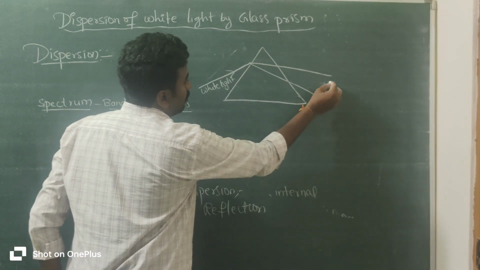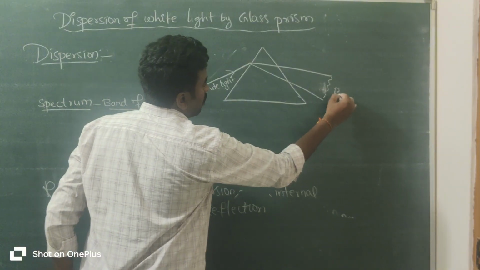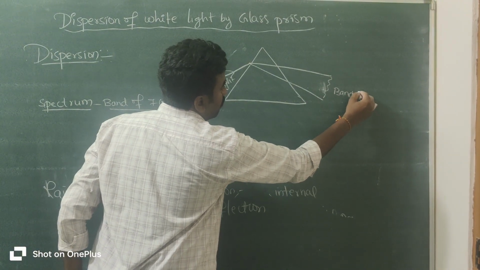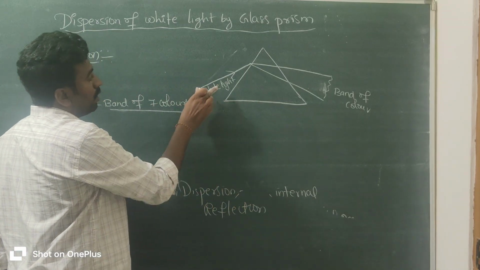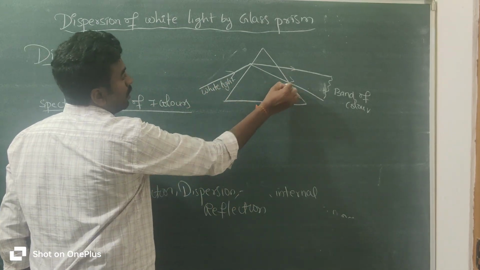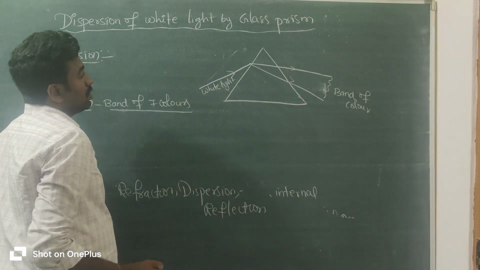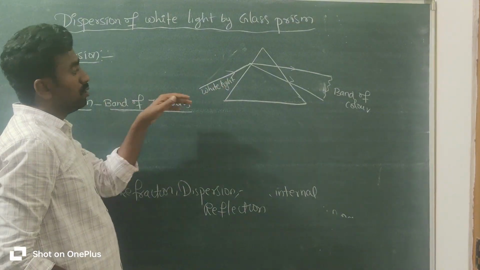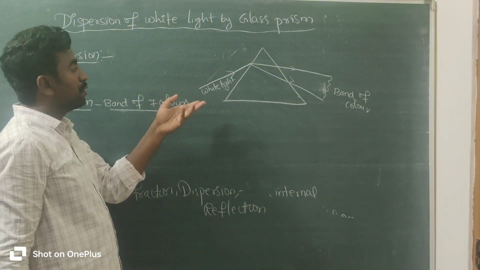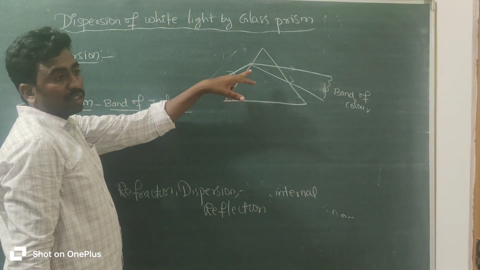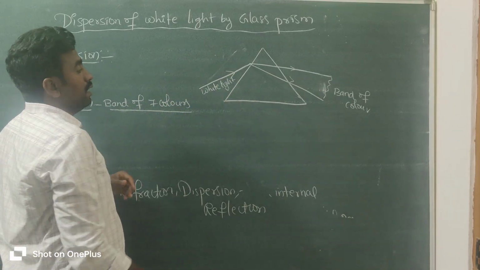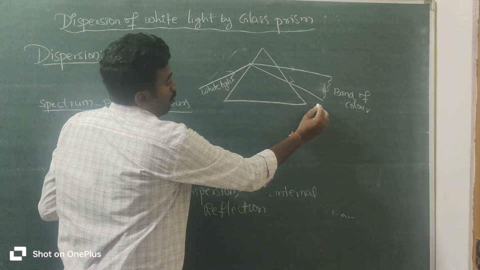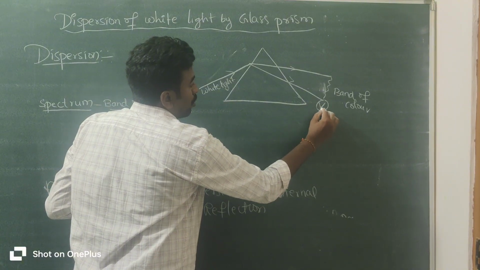This band of colors is the spectrum. This splitting of white light into 7 colors when it passes through a prism is called dispersion of light. Each path is unique and makes a different angle.